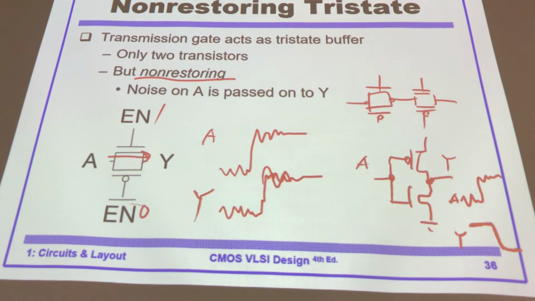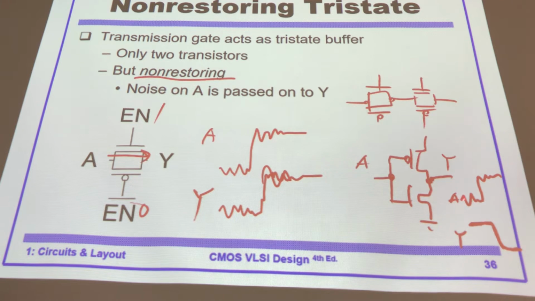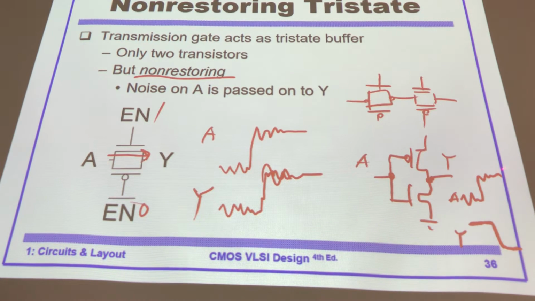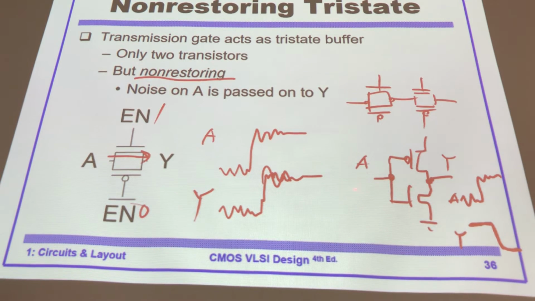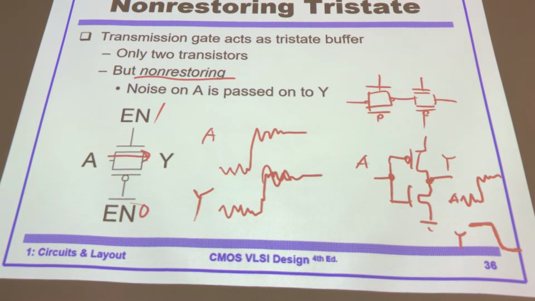And why is that? For this circuit, just imagine that given some noise in the input, some fluctuation, but the noise is not large enough that you get wrong recognition.